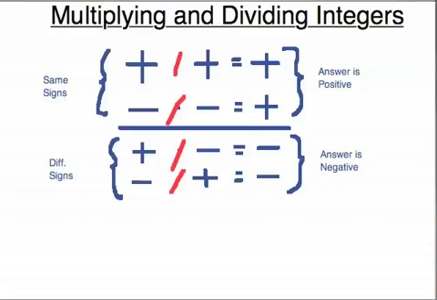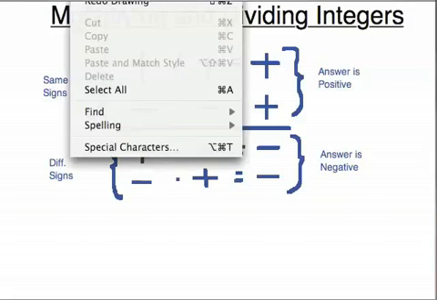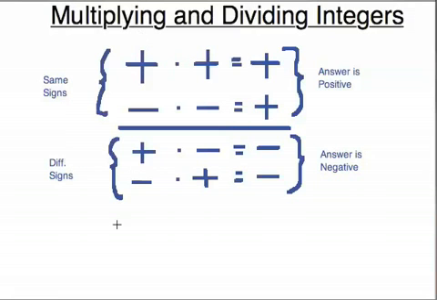Now, let's go back to the multiplication for a minute, and we'll try some examples. Let's start with negative 8 times positive 2. First of all, you ask yourself, what's 8 times 2? It's 16. But it's a negative times a positive.